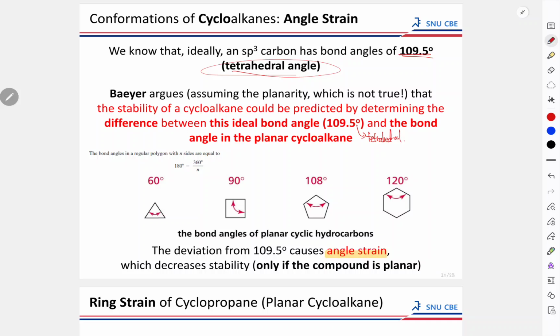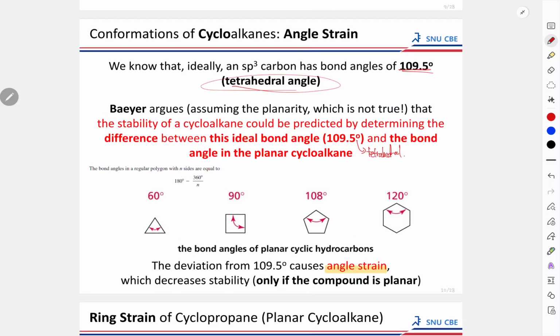That was the initial argument that Baeyer made. So he basically assumed the planarity of this structure. So this is cyclopropane, for instance, butane, pentane, and hexane. And you can then decide the bond angle of the planar cyclic hydrocarbon.